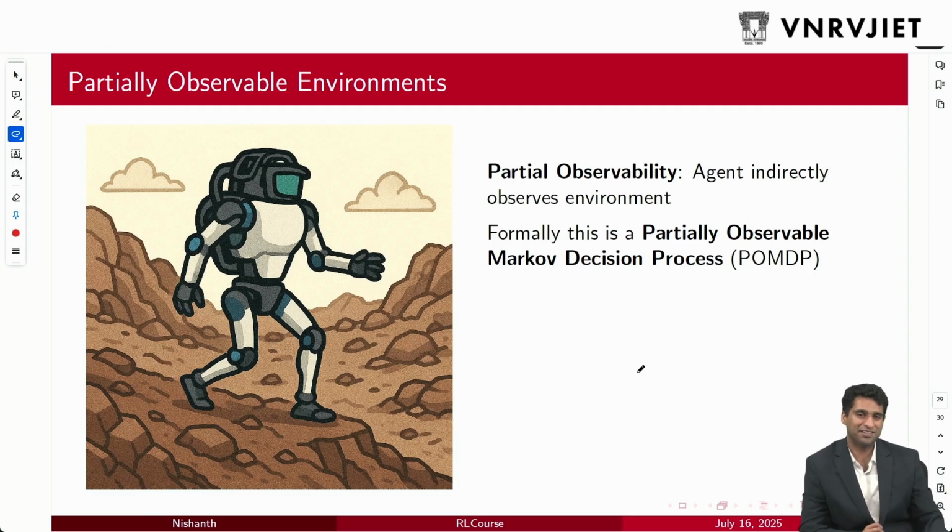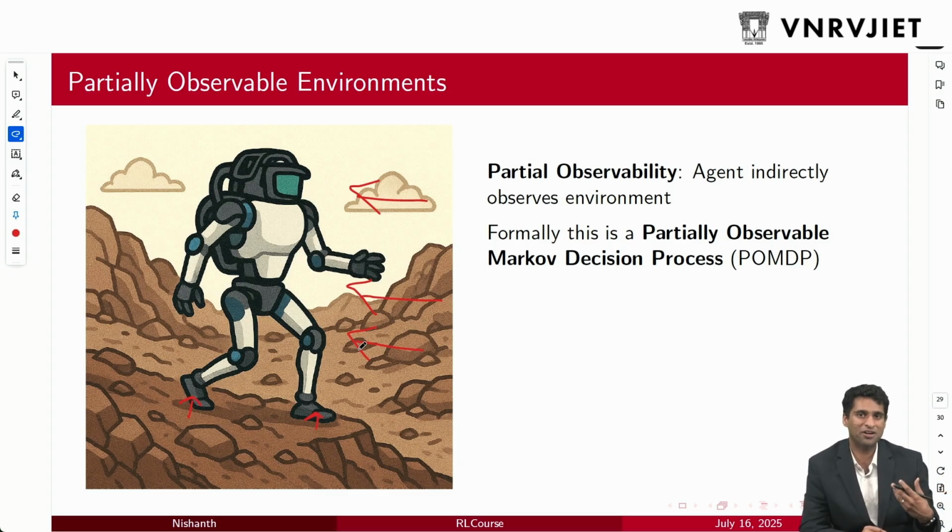On the flip side, we can also have partially observable environments. So if we are talking about a full humanoid robot which is walking in an environment, this is a very typical example of a partially observable environment, right? In this particular case, it is very difficult for us to know what are the forces that the robot is feeling and what is the wind that is blowing on the robot and any other forces that are applying on the robot, right?